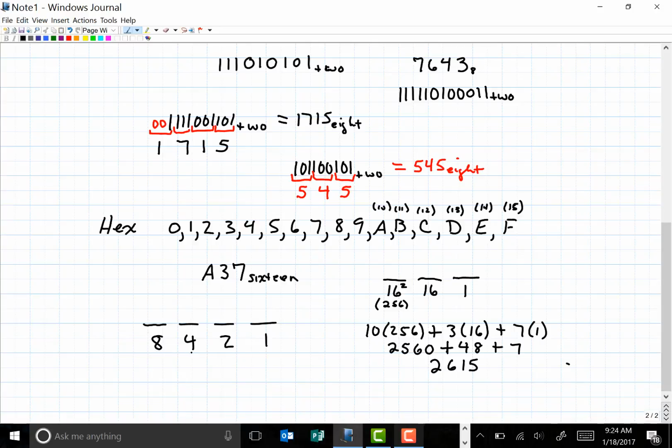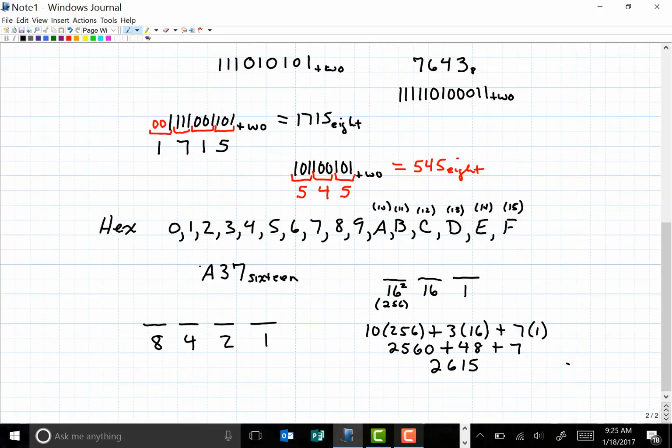So if we add 8 plus 4 plus 2 plus 1, we get 15, and notice that 15 is the biggest value that we can have in single digits in our hexadecimal system. So what we can do is write each of these as a 4-digit number to convert this from base 16 to base 2.